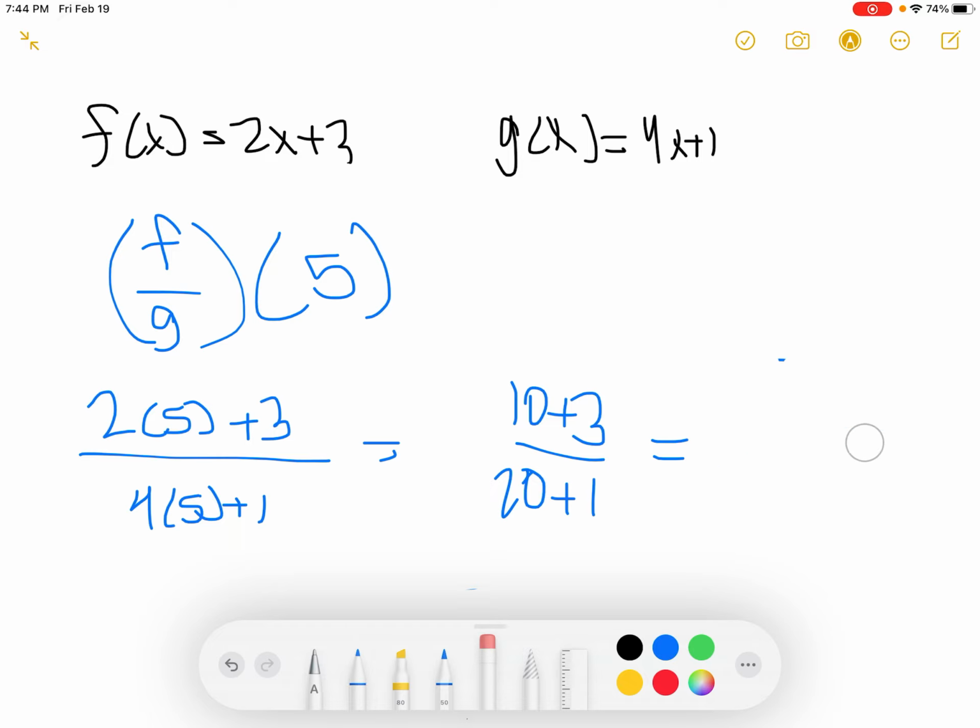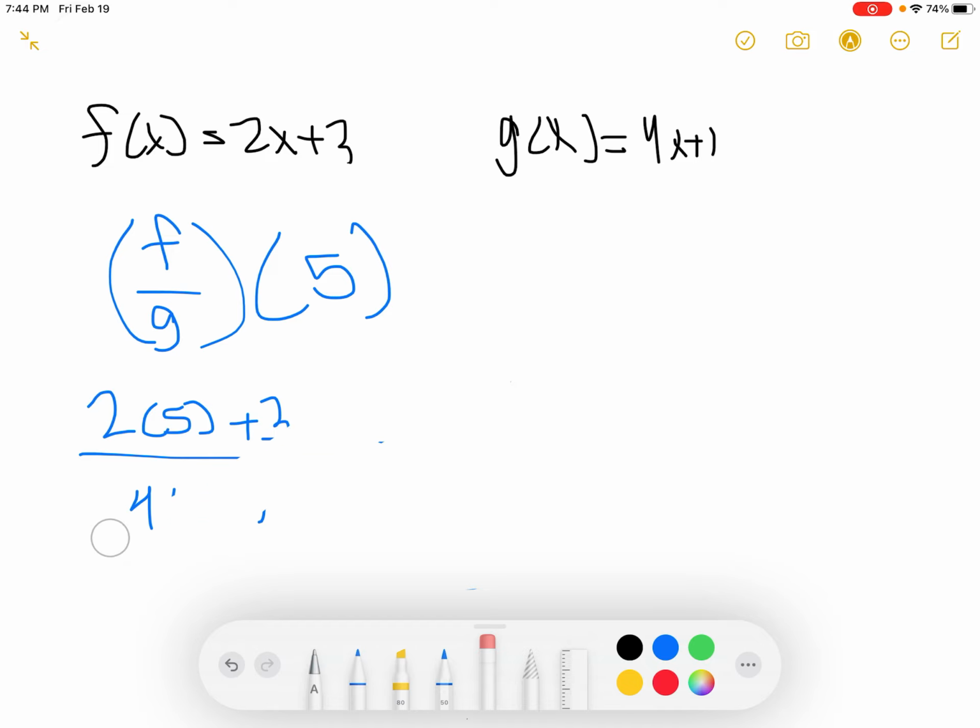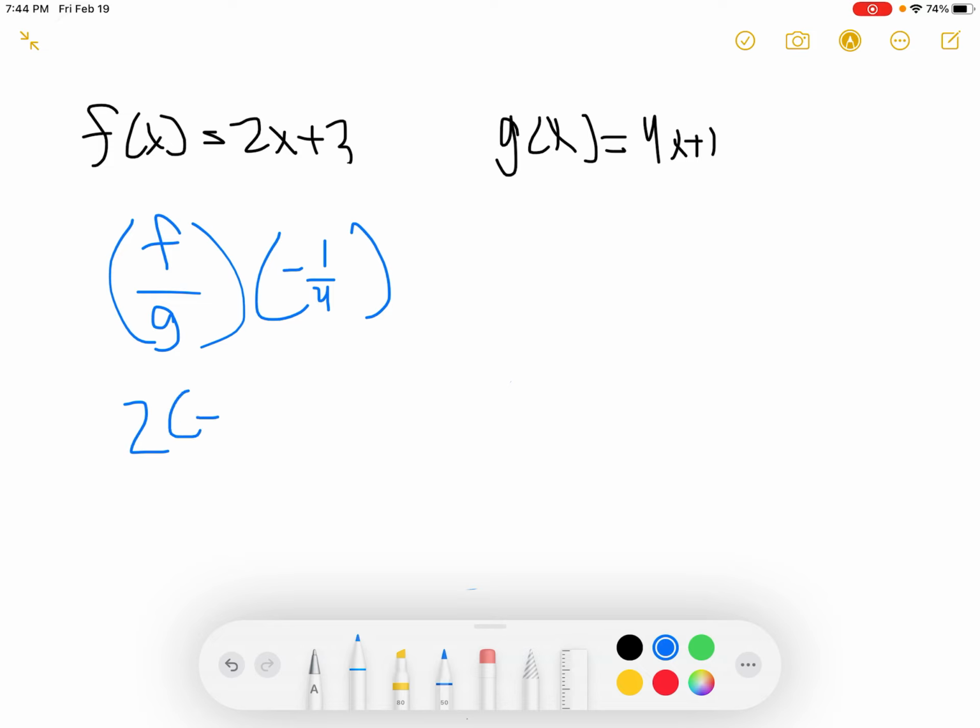Let's actually, the last thing we're going to do, let's change this 5 to a different value. Let's make it negative 1/4. So we plug that in.